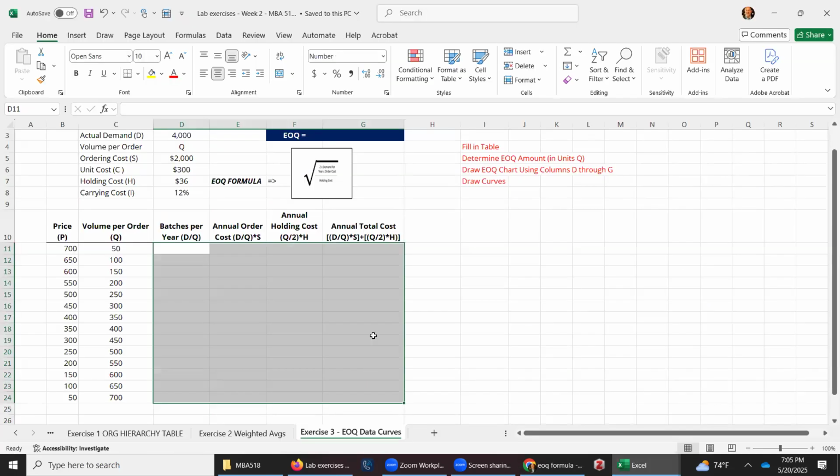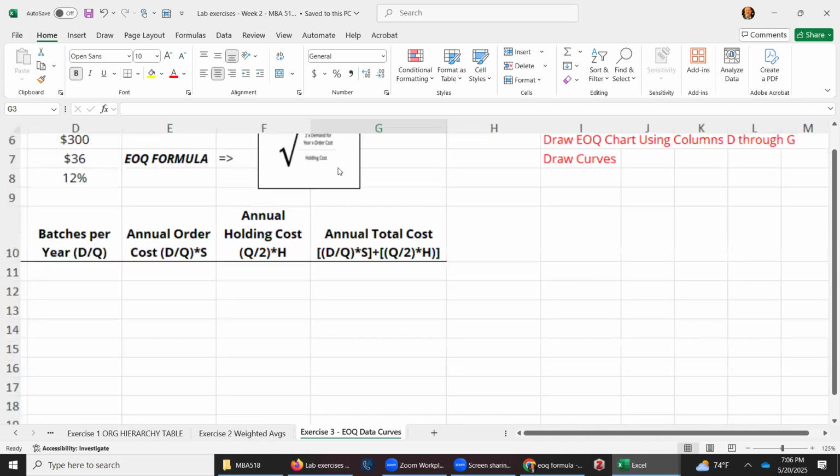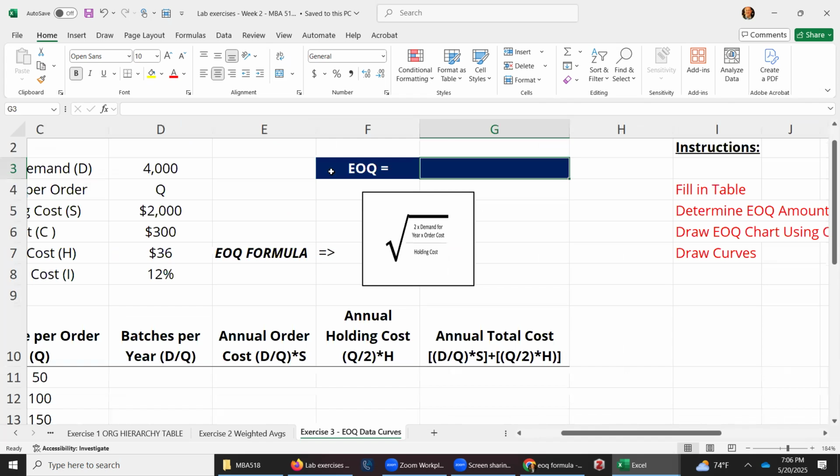Yeah, I guess we solved for the EOQ with that formula. How do we get that inputted on our chart, or do we need that input? I'm assuming we need that on our chart. Where does that number come in? Yeah, so this here is our EOQ formula, right?